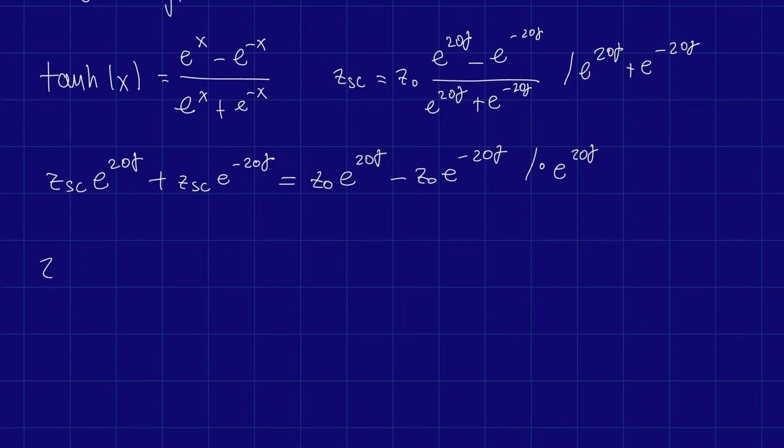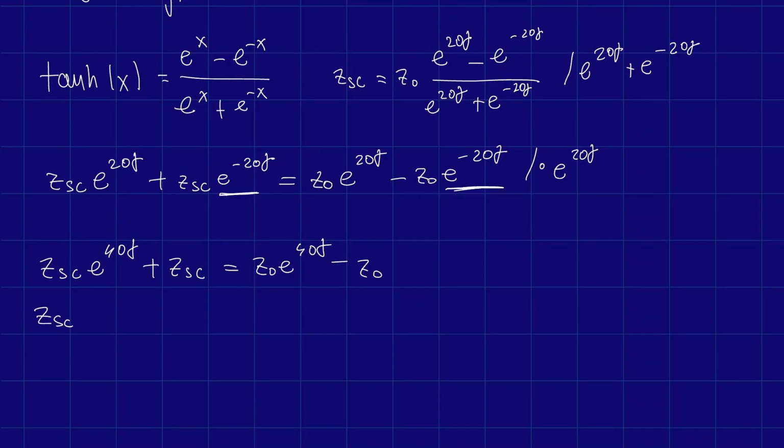So this first term will become e to the 4l gamma, plus the second term, this part right here will disappear, so we will have just multiplied by 1, and we won't write it because it's unnecessary. And on the right side this will become e to the 4l gamma minus, also this part right here will just become 1, so we have minus Z0. Now let's take the terms with exponents to one side and the rest to the other side.